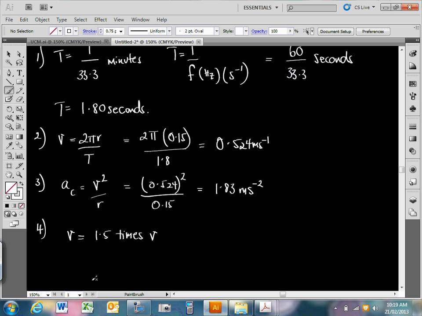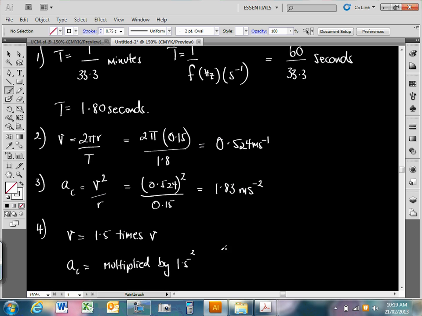No. AC, centripetal acceleration, is multiplied by 1.5 squared.